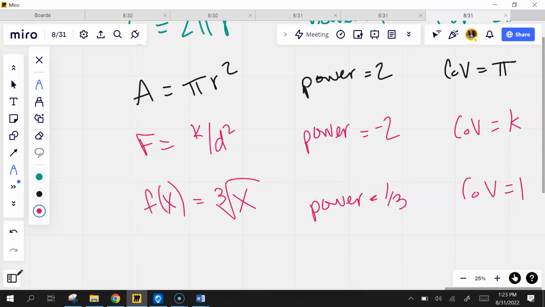Whatever's in the function. Constant of variation, if it's not there, it's 1. Direct or inverse? Why? 1/3 positive. Yep. Has to be positive. We will often call these monomial functions because we can write them with just one term.